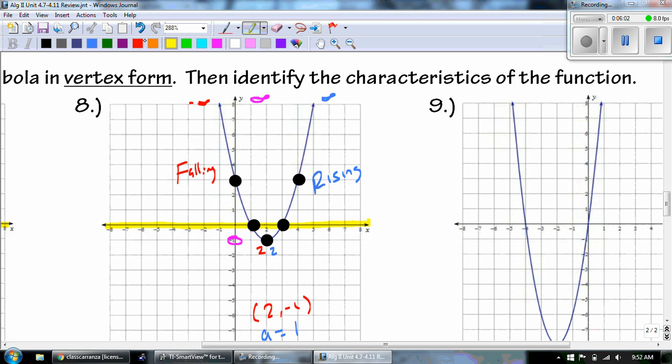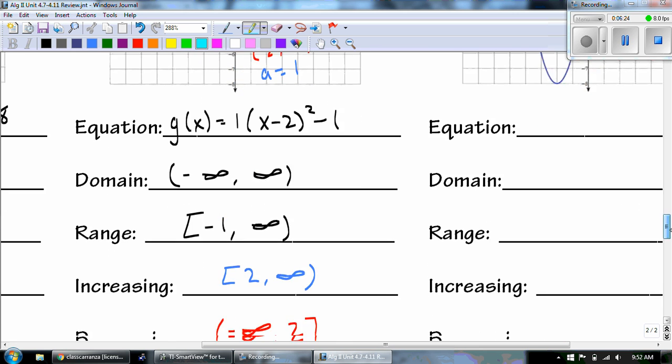And then for number 8, where are we above? I'm above from negative infinity to 1, and then I'm above again from 3 to positive infinity. So I'll write that one first.